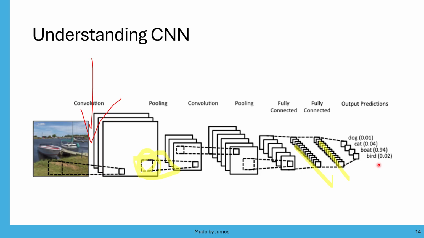If it finds that the feature with the highest score is captured, it will accurately output the boat identification result, like this one. It's very small, I know, but it will accurately output the boat identification result on the far right. In this way, the entire journey of the color is completed.